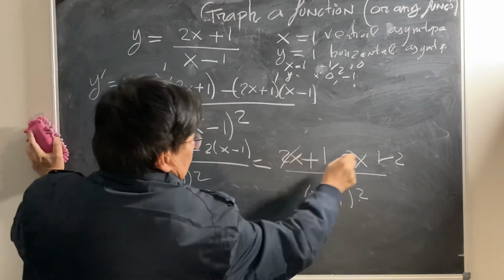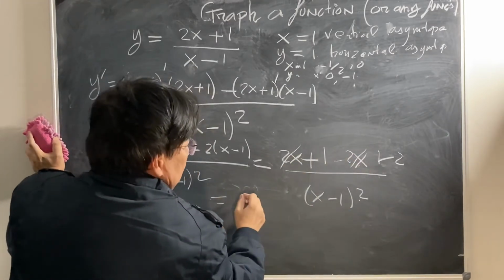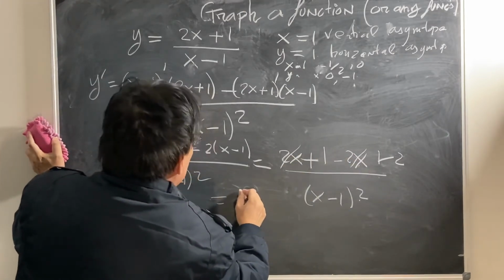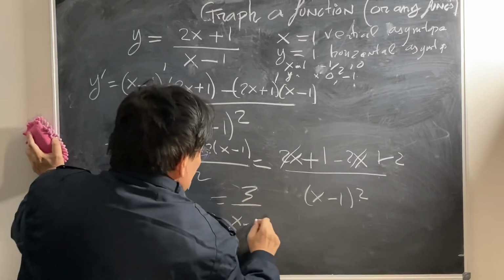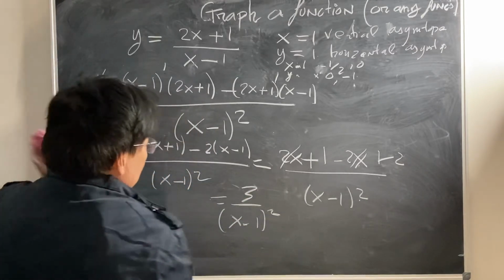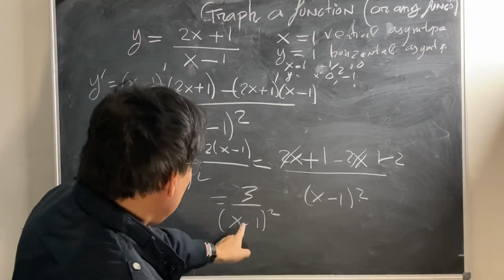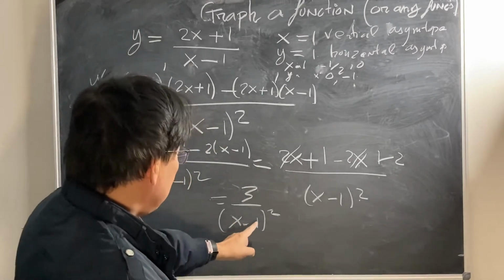So 2x cancels with minus 2x, and 1 plus 2 is 3 over (x minus 1) squared. So y prime equals 3 over (x minus 1), the whole thing squared.